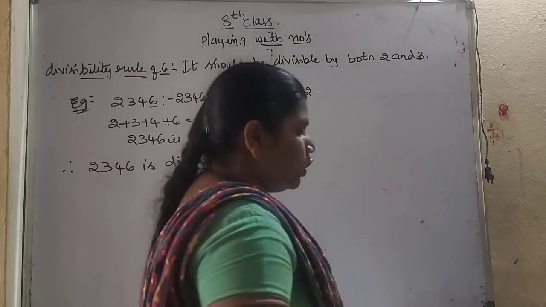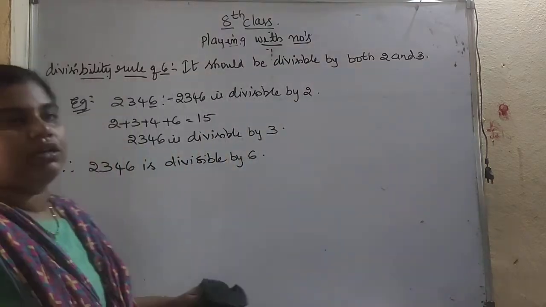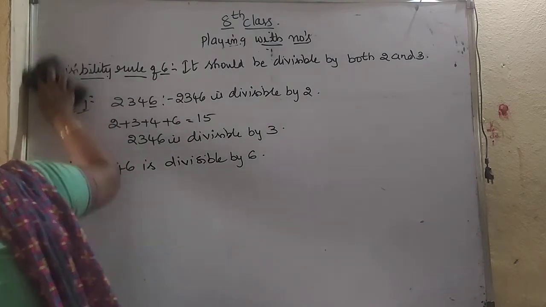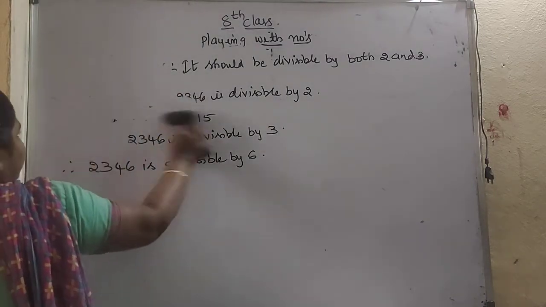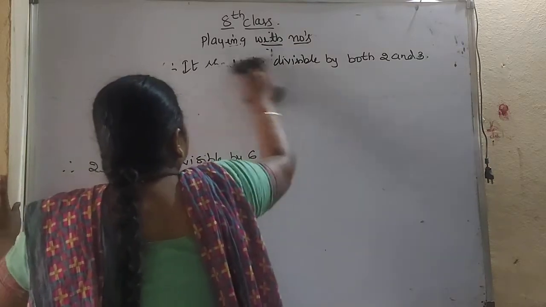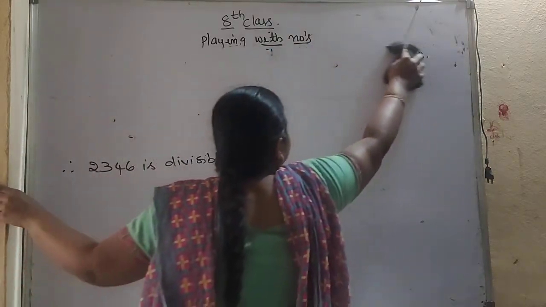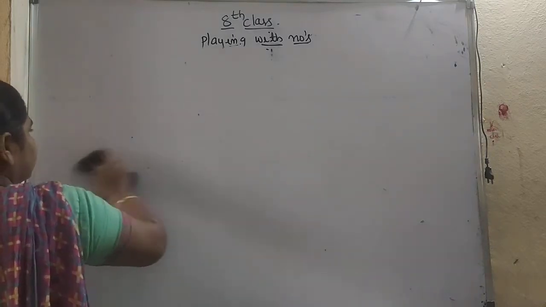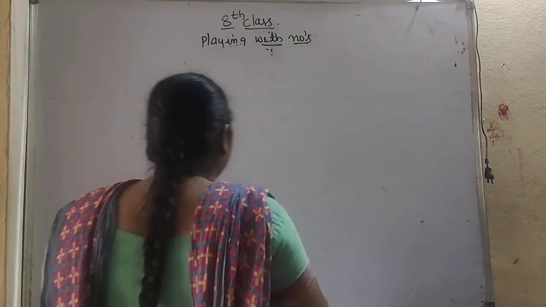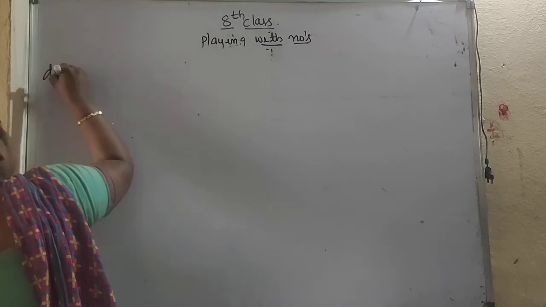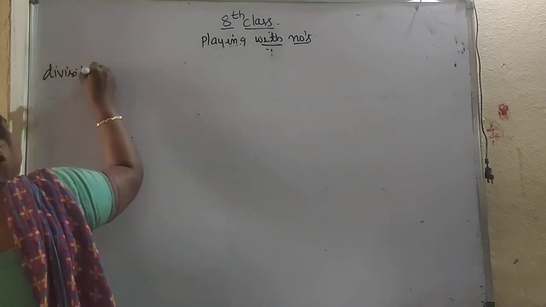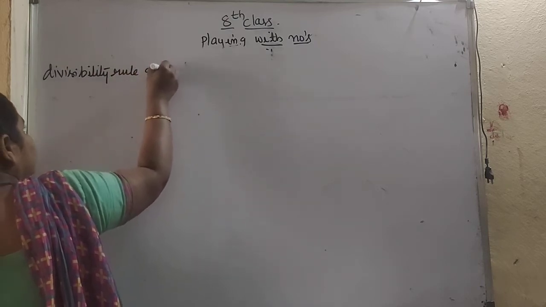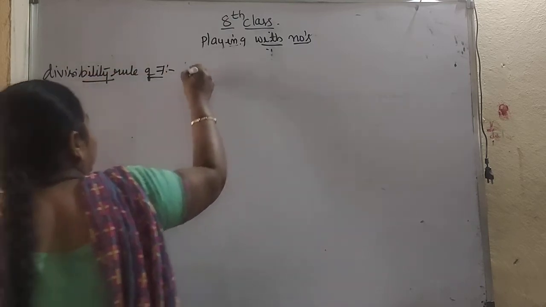Next is the divisibility rule of 7. Till now, in 6th class, we didn't learn about the divisibility rule of 7. So let's see what that rule is. What is the condition?